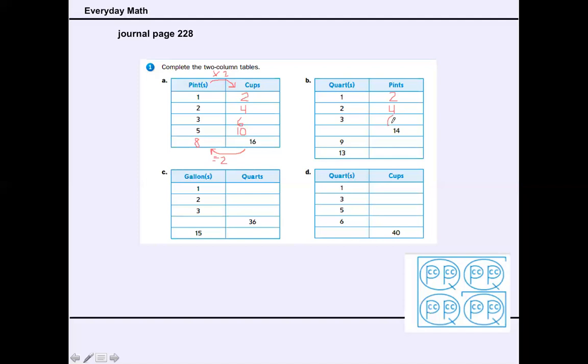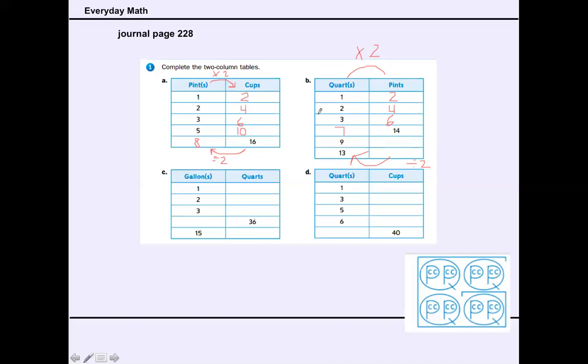So I'm starting to notice the same pattern. When I go from quarts to pints, I can multiply by 2. And that means when I go the other way, from pints to quarts, I do the opposite, and I divide by 2. So if I'm going from 14 pints to quarts, I would divide by 2, and I would get 7.